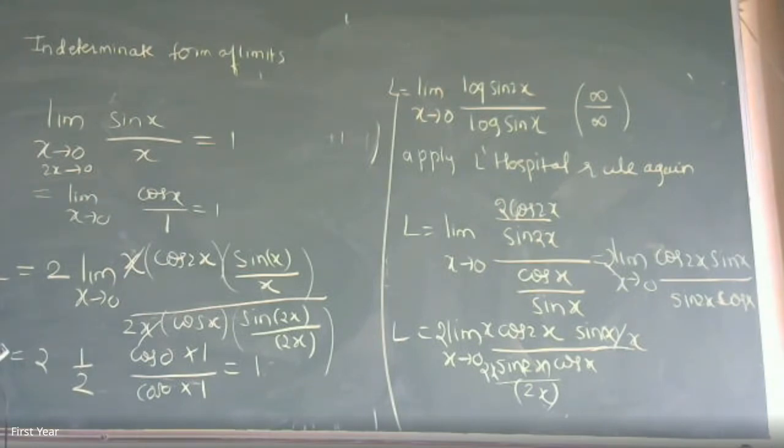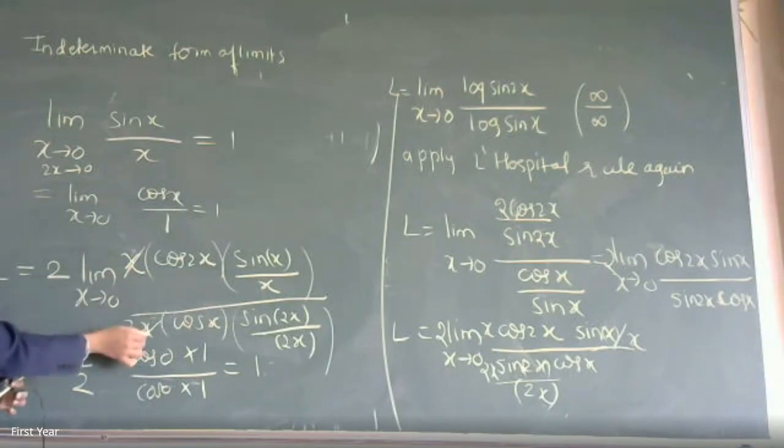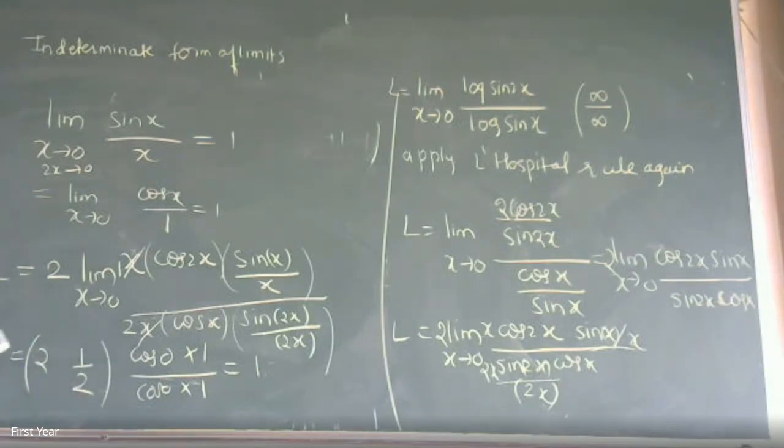So this is also 1, this is also 1. The x and x got cancelled. 1 by 2 and 2 got cancelled, so 1 by 2 into 2 is 1, and that's your answer. Okay? Clear everyone?